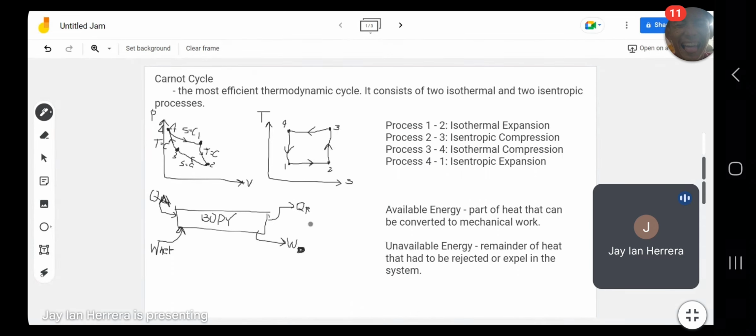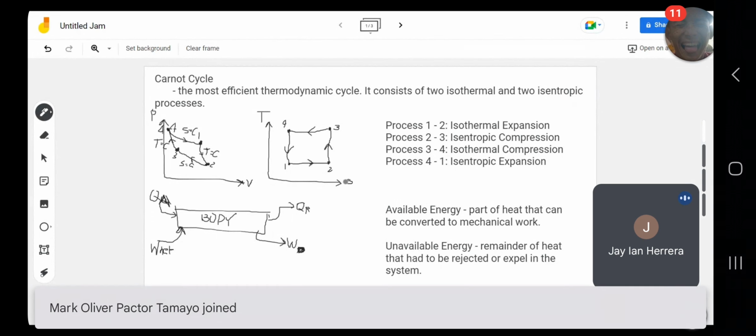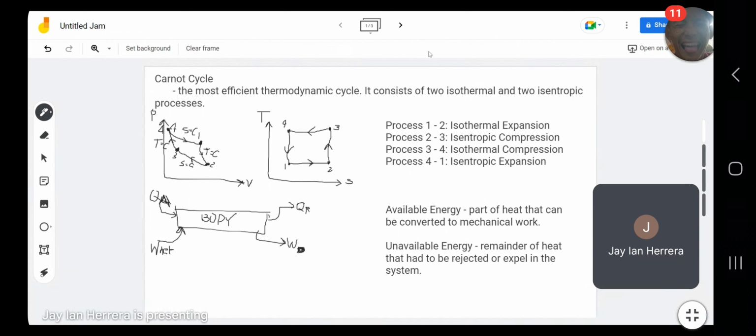And unavailable energy naman, these are the remainder, yun yung mga excess na energy. Kumbaga sa human body, yan yung mga pawis natin, yung ebak natin, ganun. Sa car naman, yung usok, kumbaga.